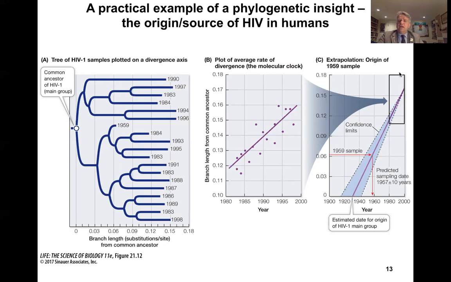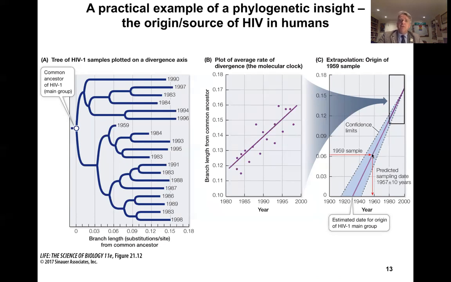And we see that here. Here is the box that contains all of these specimens and their branch lengths. If we extrapolate out, we come very close to predicting the 1959 sample. In fact, the prediction is 1957 plus or minus 10 years.